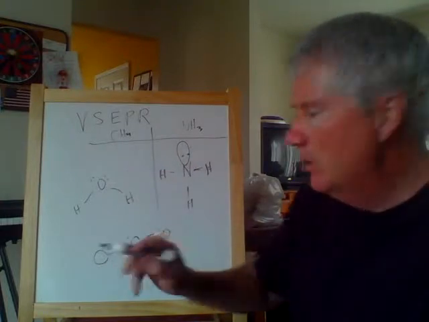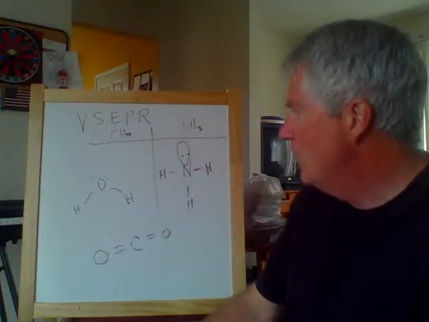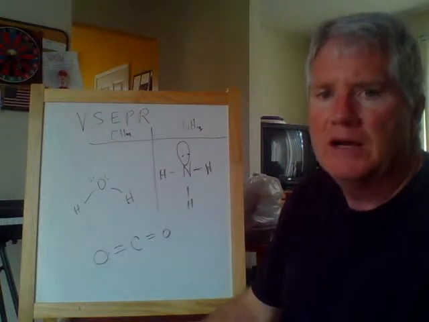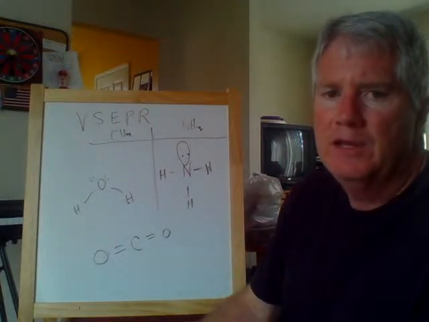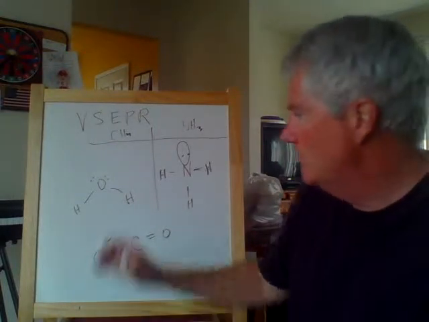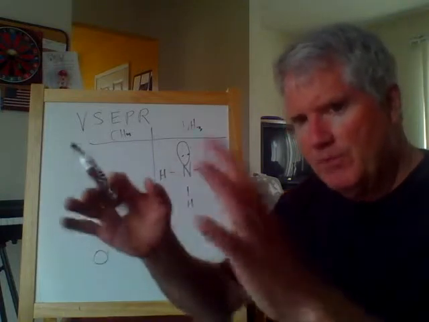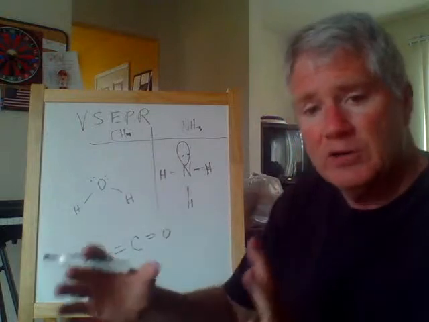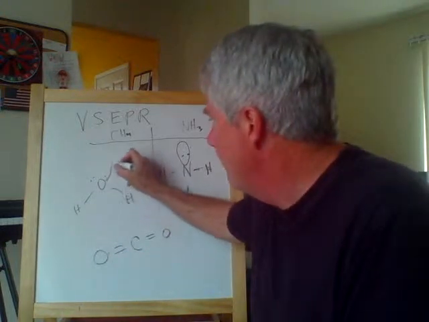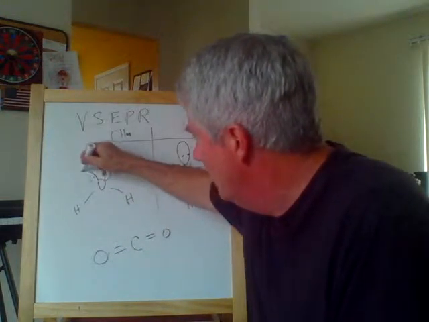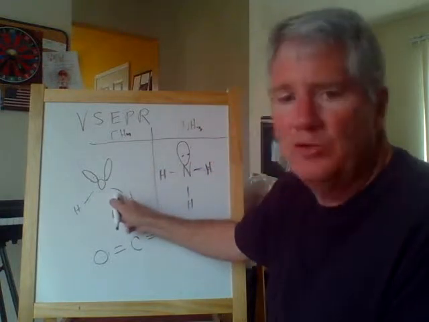Well, what's interesting here is that if you ask yourself, how many things are bonded to the central oxygen atom, your first reaction would be 2, because you got 2 hydrogens, right? But really, in the bigger picture, when you think about electron clouds anyway, there are really 4 things, because there's this pair, and then these 2 pairs.